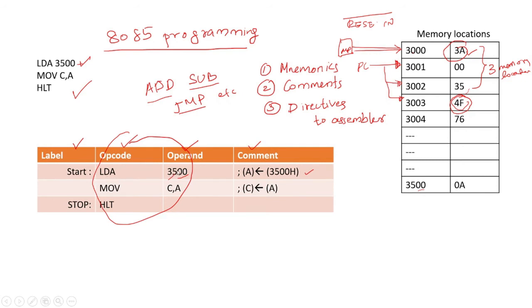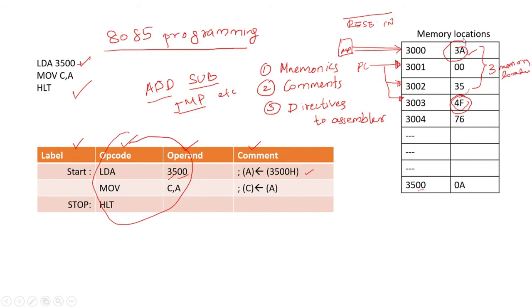Corresponding to LDA, which takes a 16-bit address, the opcode available in the data sheet is 3A. The first byte of that instruction gives the opcode, which is given by the manufacturer. The opcode corresponding to LDA 3500 is 3A.